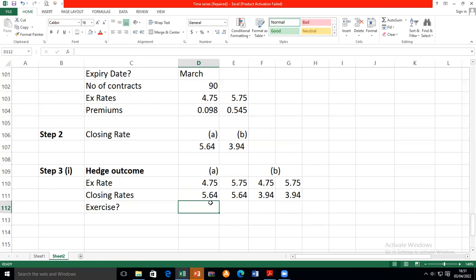I gave you a right that you can come to my exchange and invest at 4.75%. But in the markets now, the rates are 5.64. Are you going to exercise your right? No. What of here? Are you going to exercise your right?